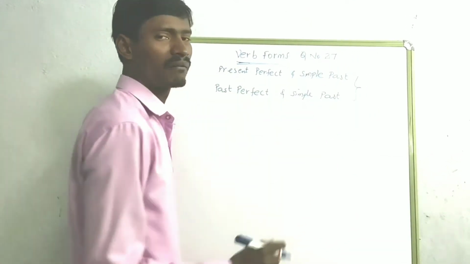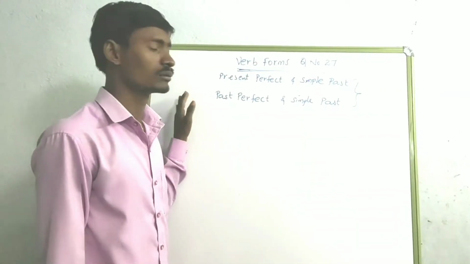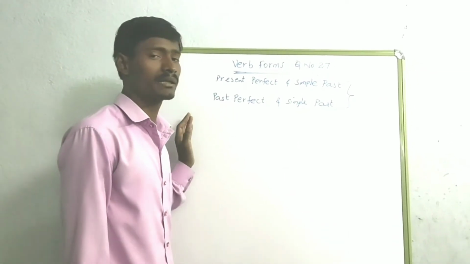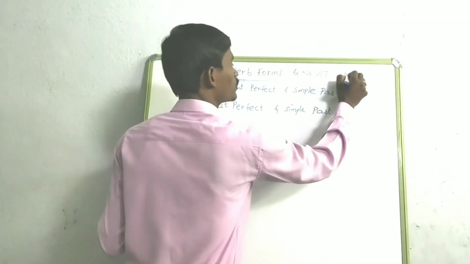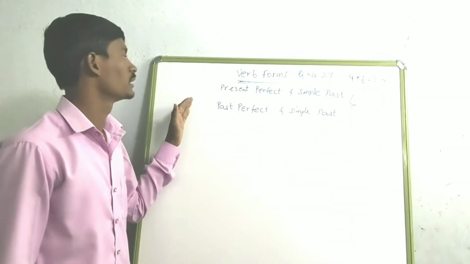These two topics should be understood clearly so that you are going to get 2 marks from this question. 4 into 2 marks you are going to get for this question on verb forms.